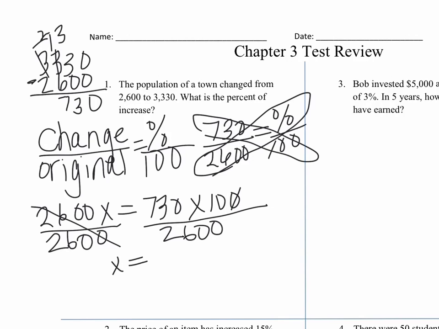So 1 for 1. That's like dividing top and bottom by 10. 1 and 1 again is like dividing top and bottom by 100. And that leaves you with 730 divided by 26.